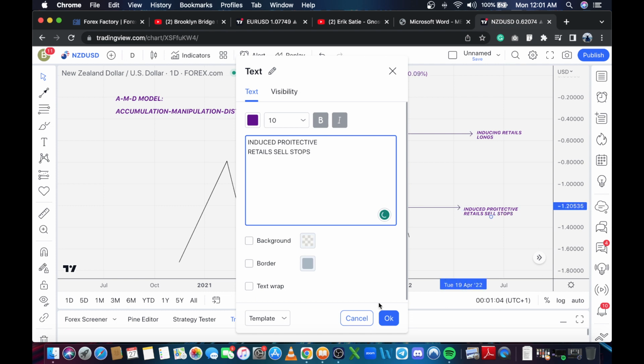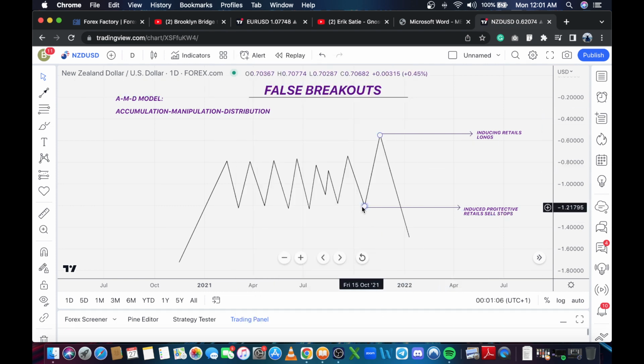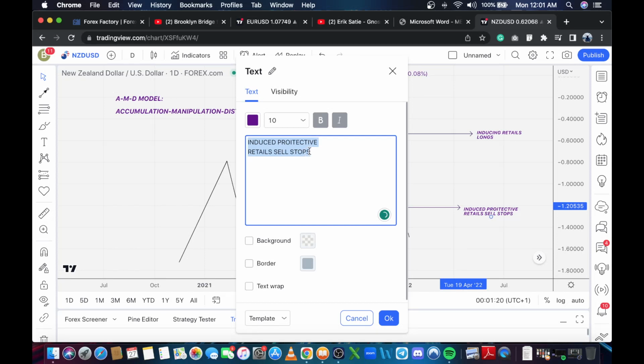Okay, so if you're buying the breakout, your stop loss is a market execution to sell at a loss. That's a sell stop order. Okay, so retail longs being induced up there, inducing protective retail sell orders.